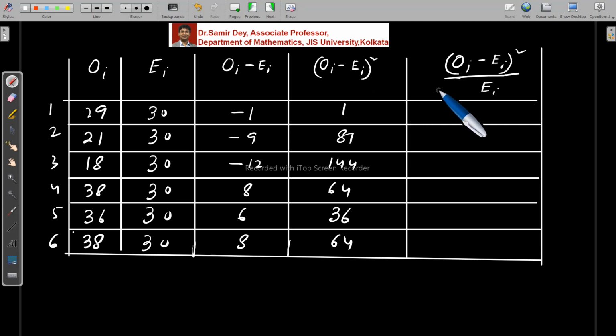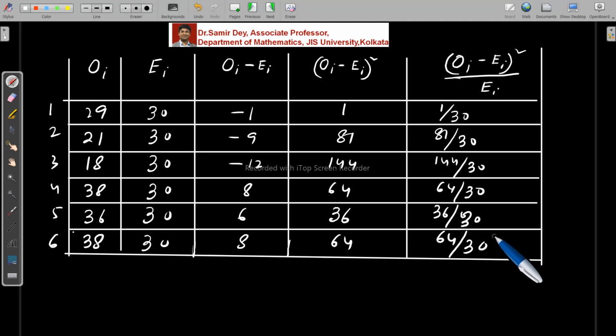Now this by this, so you may write 1 by 30, 81 by 30, 144 by 30, 0 by 30, 36 by 30, 64 by 30. What is our requirement? Our requirement is to find the total of it, the summation. So how much is coming?